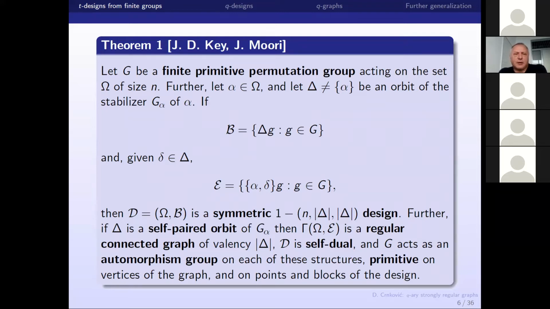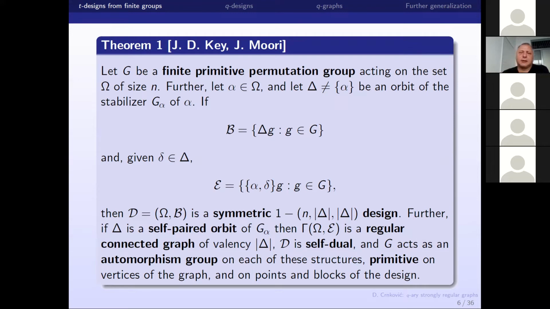We have a finite permutation group G, which is primitive, acting on a set omega of size n, and we have alpha from that set omega, and a delta which is an orbit of the stabilizer, but we exclude the case where delta is a singleton, just to avoid this trivial situation.